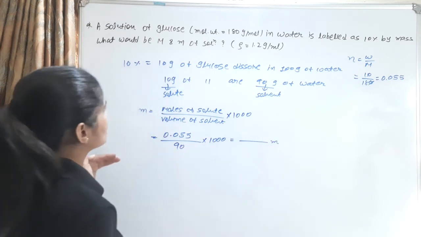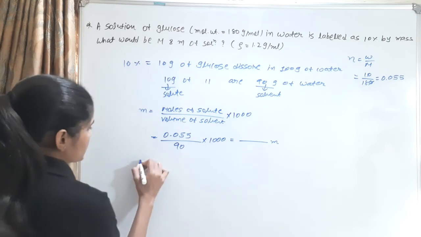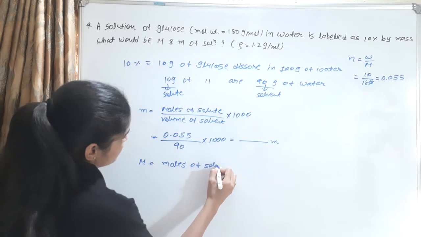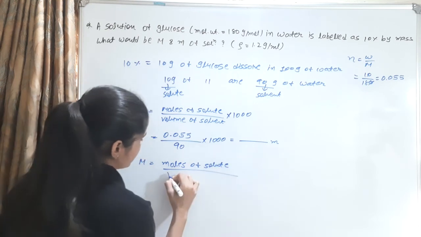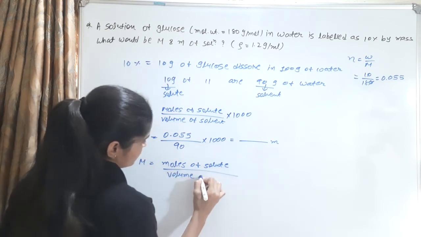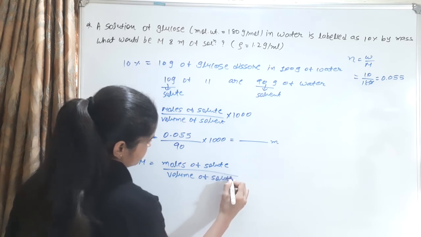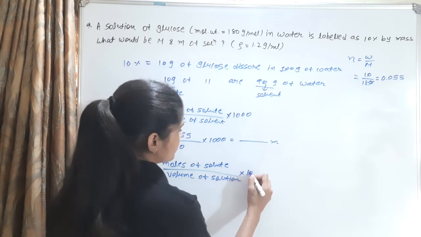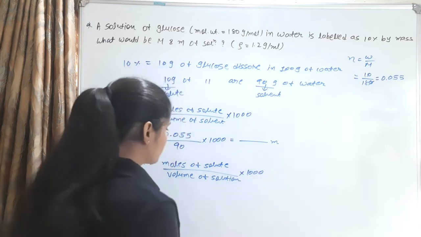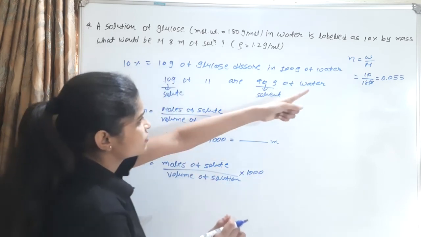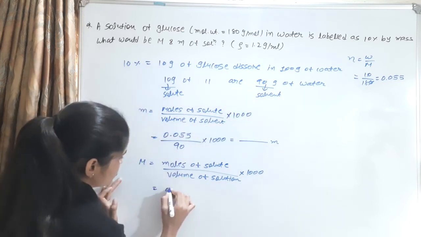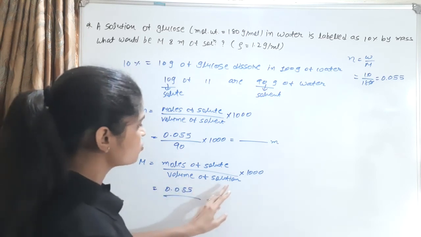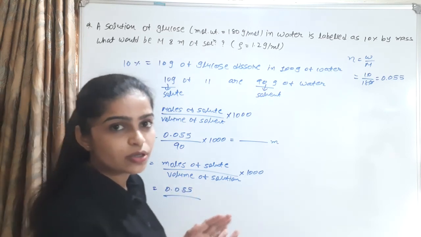Next we find out the molarity. Molarity is equal to moles of solute divided by the volume of solution. When the volume of solution is in ml, it is multiplied with 1000. Moles of solute given is 0.055. We need to find out the volume of solution. How to find out the volume of solution?